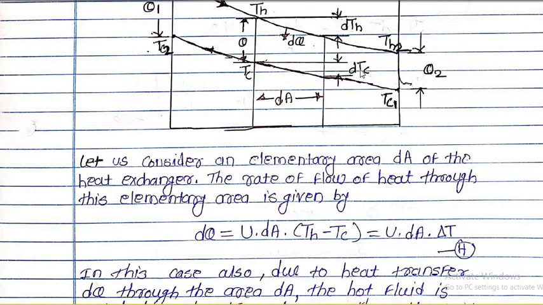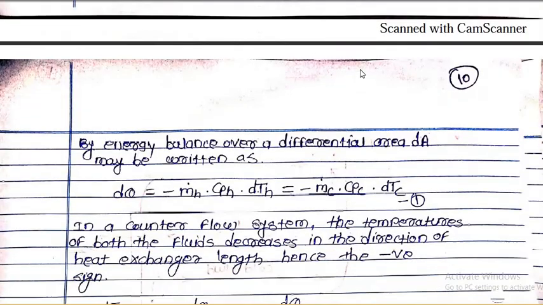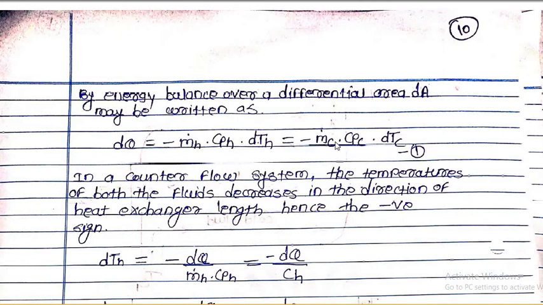So dTc will be negative. For that purpose, we have considered here minus m dot c multiplied by cpc multiplied by dt suffix c. So in a counterflow system, the temperature of both the fluids decreases in the direction of heat exchanger length. Hence the negative sign we have taken over here.